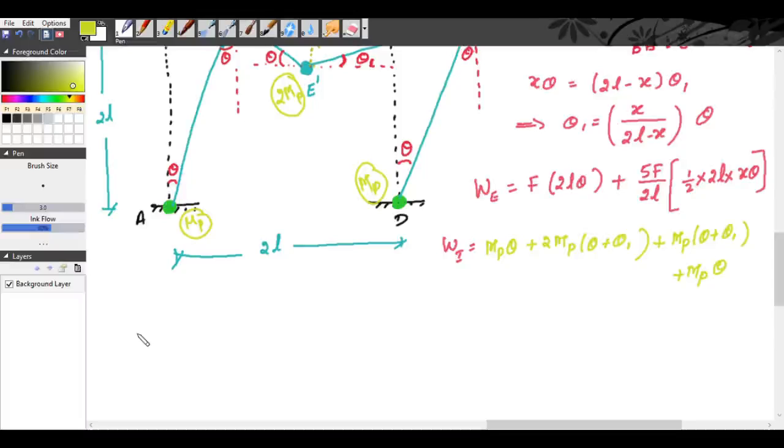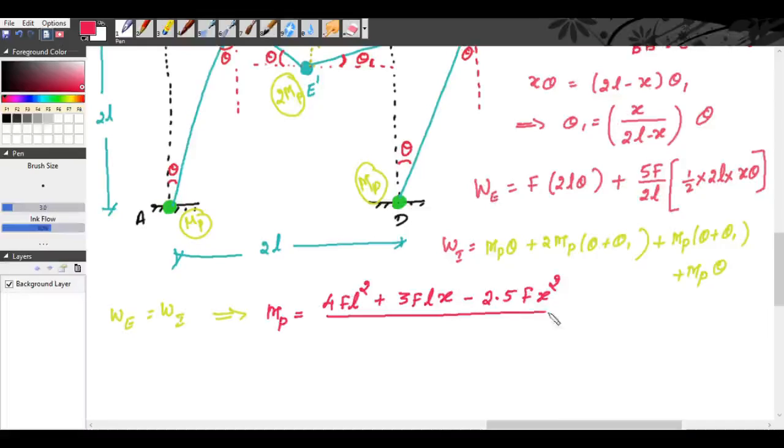Now you can equate external work done to internal work done. So when you equate them, we get MP equal to 4FL square plus 3FLx minus 2.5Fx square divided by 10L minus 2x.